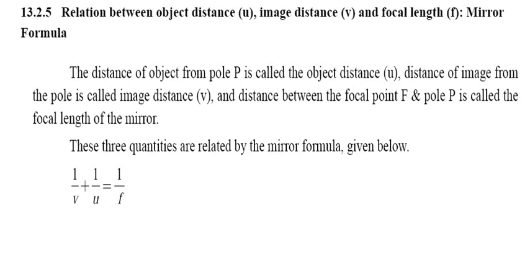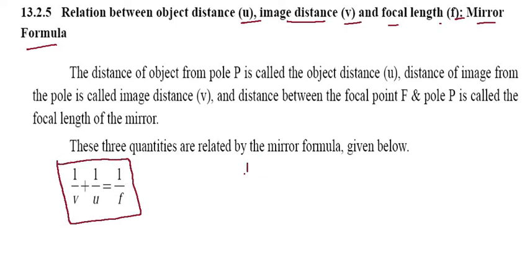Now come to the relation between object distance u, image distance v, and the focal length f for the mirror. That is the formula: 1 upon f is equal to 1 upon v plus 1 upon u.